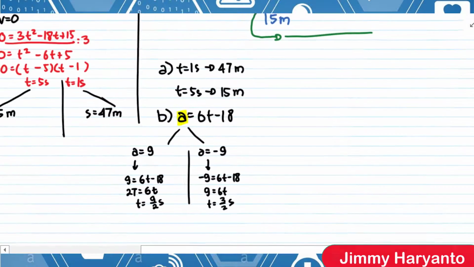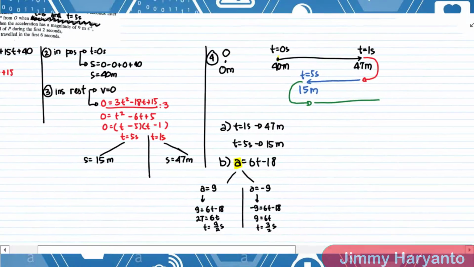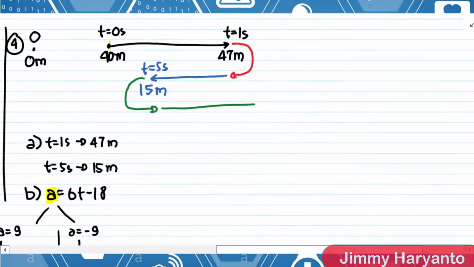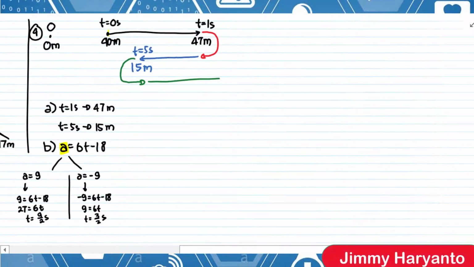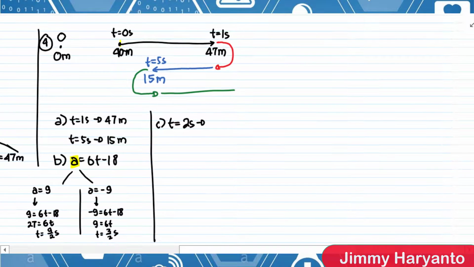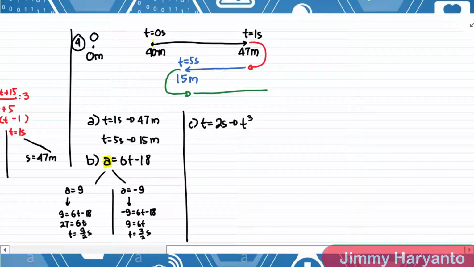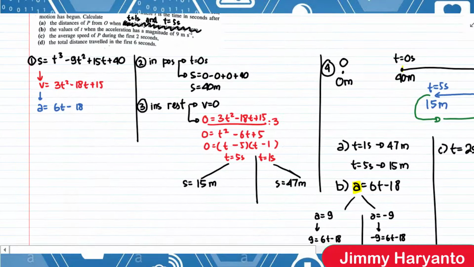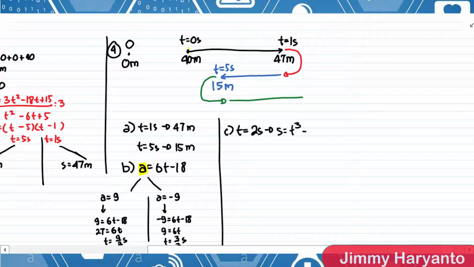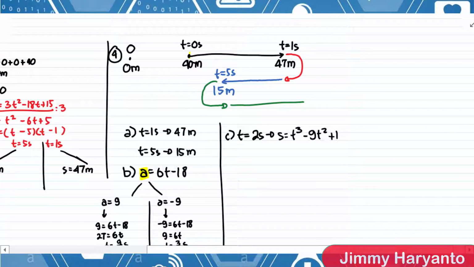Okay, next is C. For number C, we have the average speed during the first 2 seconds. We don't have the position of the object at 2 seconds, so we will find it first. The time is 2 seconds. The position will be, which one is position? s equals to t to the power of 3 minus 9t square plus 15t plus 40.